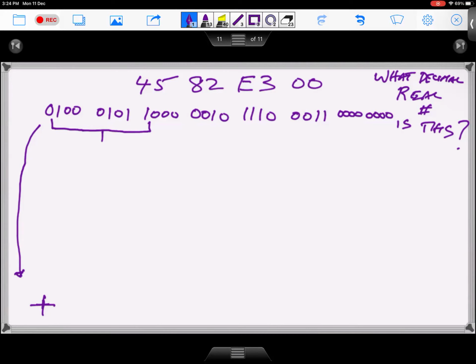When we convert that binary to decimal, what do we have? 128 plus 8, which is what? 128, 136.